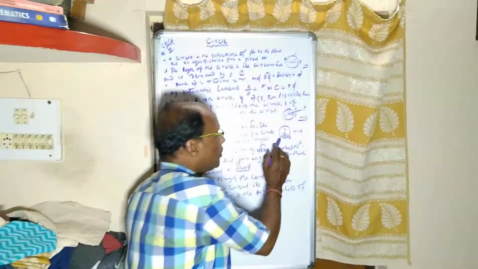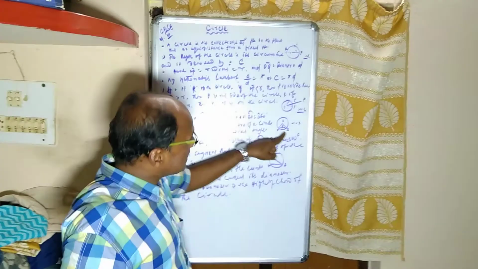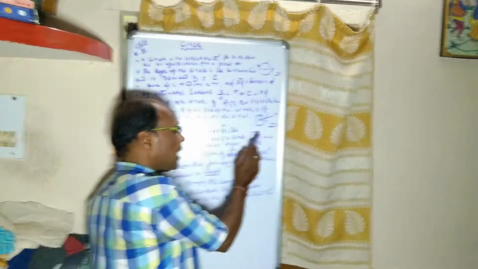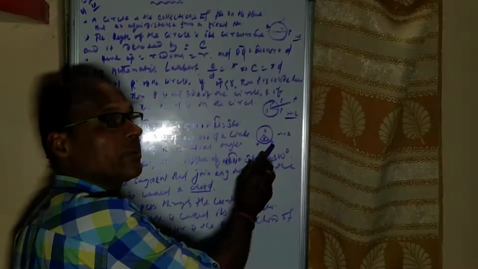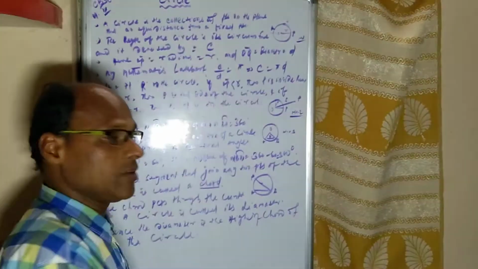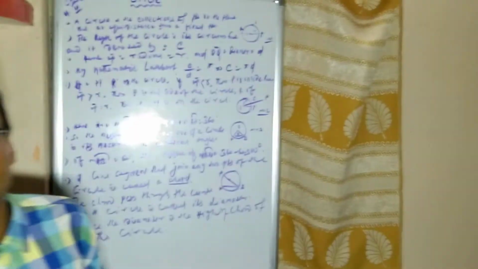The measurement of an arc is equal to its central angle. In this picture, AB is an arc and angle AOB is theta. So the measurement of arc AB is equal to theta degrees, and arc BA is equal to 360 minus theta.